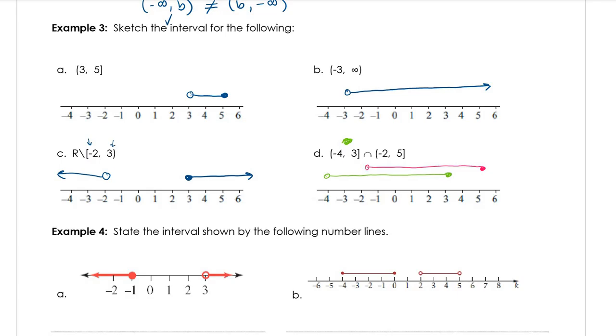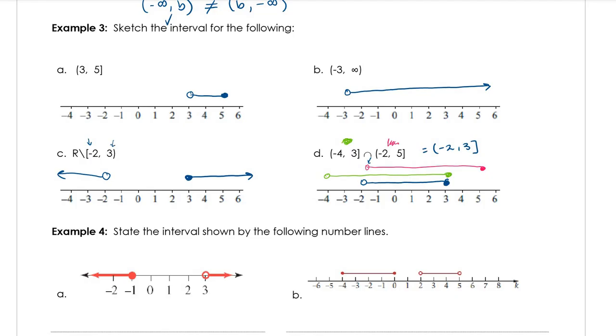Now this part is still being included, this 3 here would still be included because it was included in the negative 2 to 5, whereas the negative 2 wasn't included here originally. So our final answer for this one would be going from negative 2 not being included to 3 being included. So this is the same as saying I'm going from negative 2 to 3.